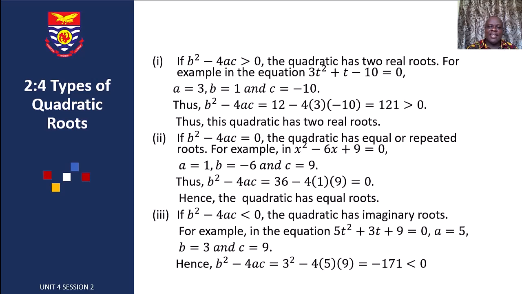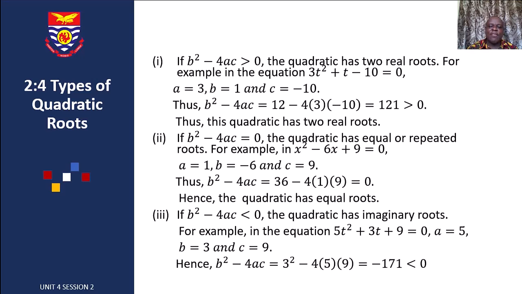Then the last one: if you substitute into the discriminant and you get a negative answer, that means the answer is less than 0. Then it means that the equation will have imaginary roots. For example, 5t squared plus 3t plus 9 is equal to 0. a is 5, b is 3, c is 9.